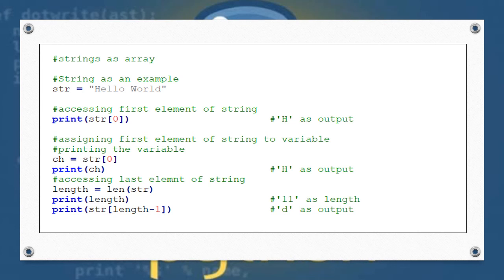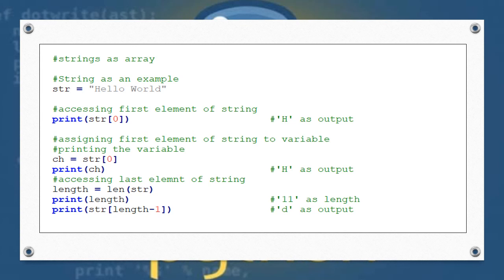Now if you want to know the length of your string, then you can use the len method. len will give the length of your given variable. You simply give the variable name to the len function as an argument, and if you print that, you will get the length.